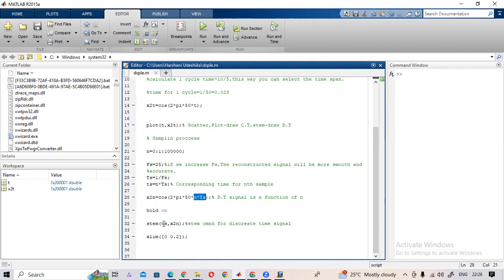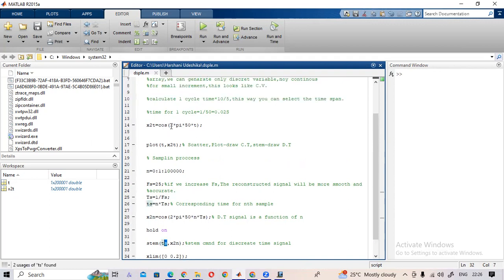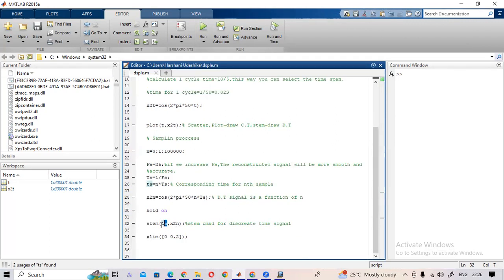When drawing the signal, I can't draw it with respect to n, because n is an integer and the continuous signal has time. Since I am using the same graph for both signals, there is no relation between n and time, so I have to select the corresponding time value, the corresponding sample time nTs, to draw the discrete-time signal.